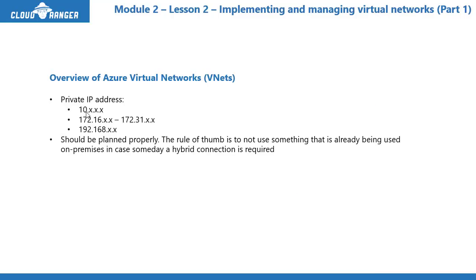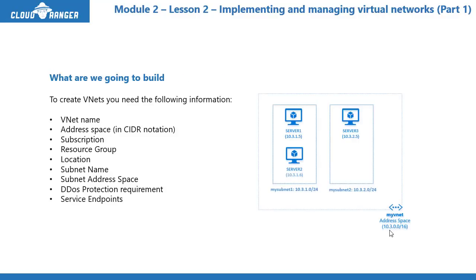As you can imagine, I picked 10.3.0.0 over here. If you're doing this in production, pick one carefully, plan it out. This is where you need to talk to your networking guys, find out, hey guys, what are the private IP addresses you have, what I can use over here, because we may need a hybrid connection someday. If you're doing this in the lab, don't worry about it.